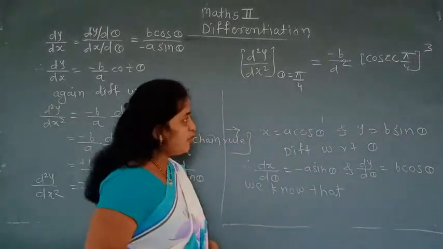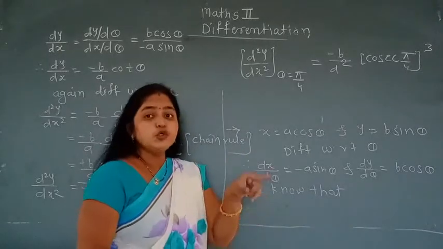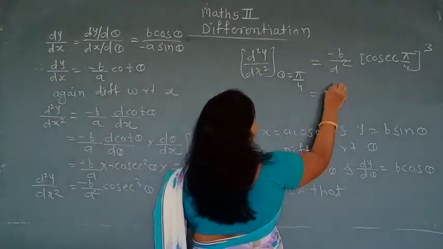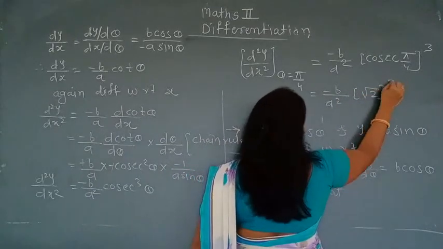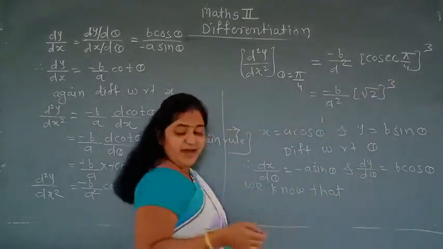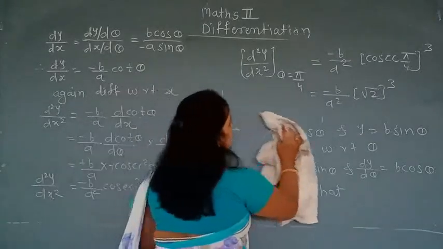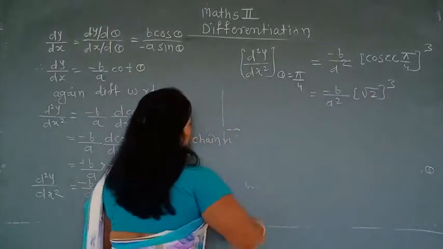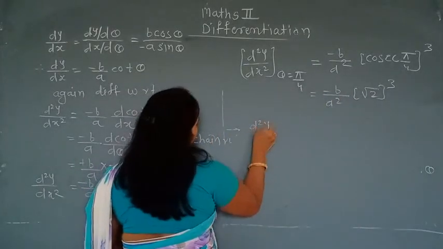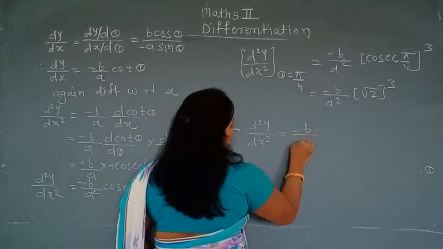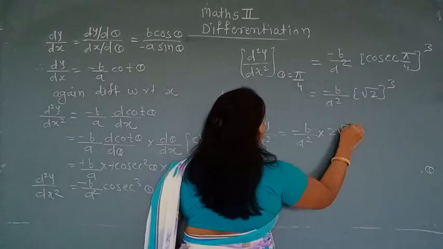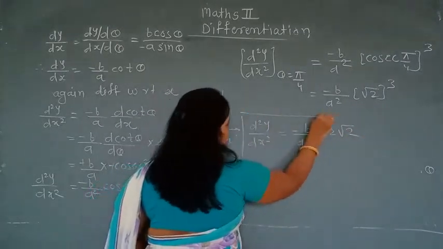So what is the value of cosec pi by 4? Which is root 2. So here minus b divided by a square, times root 2 whole cube, and simplifying we get the final answer: the double derivative of y with respect to x square is minus b upon a square multiplied by 2 root 2. So this is your final answer.